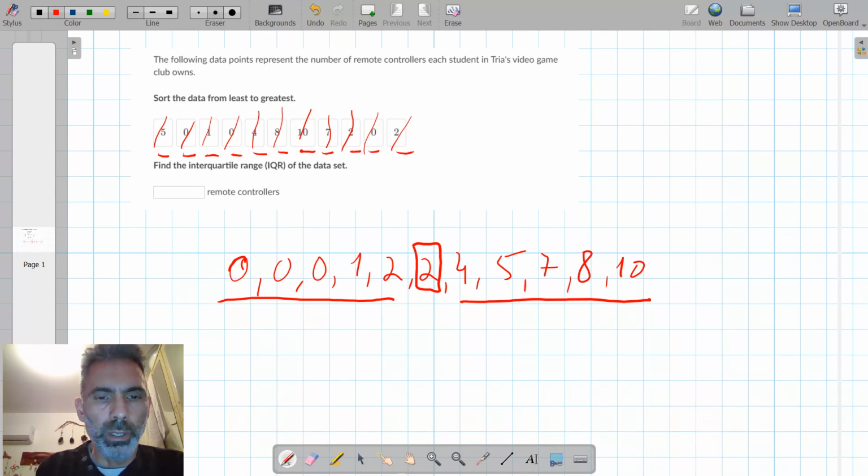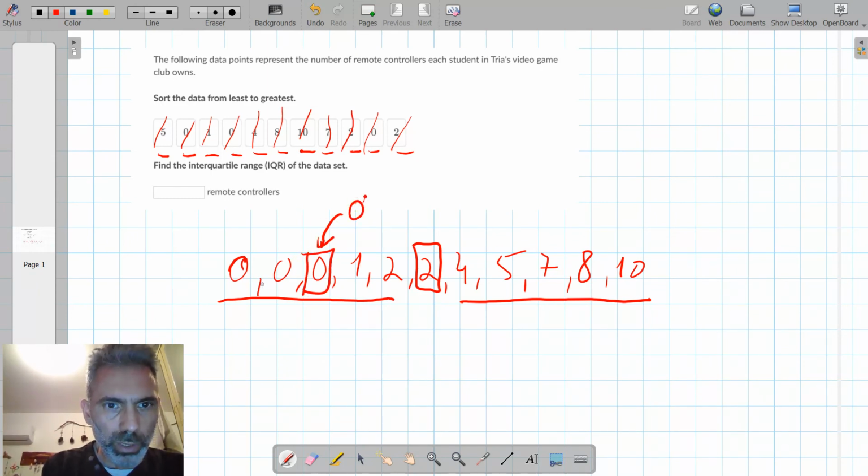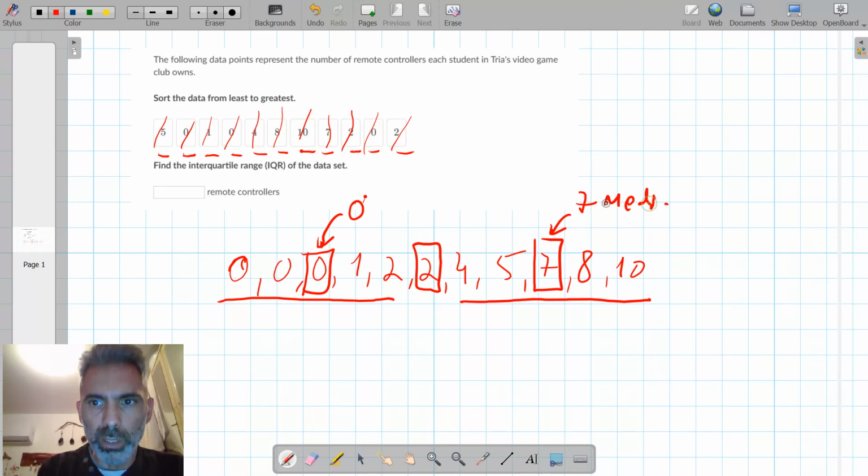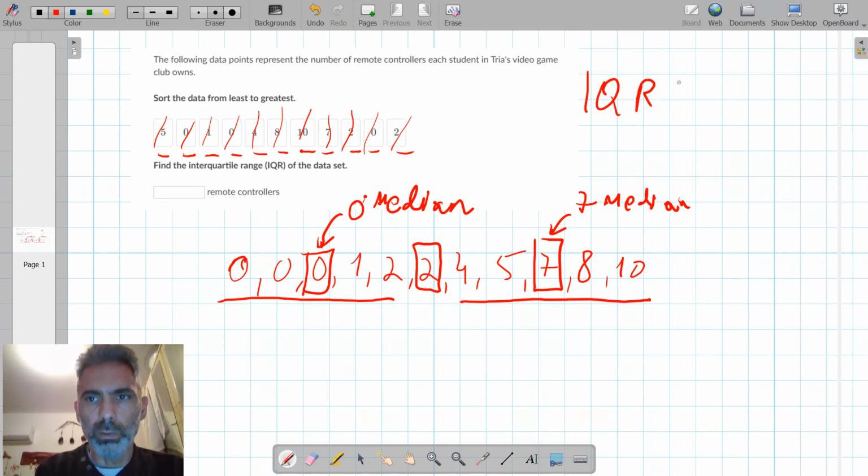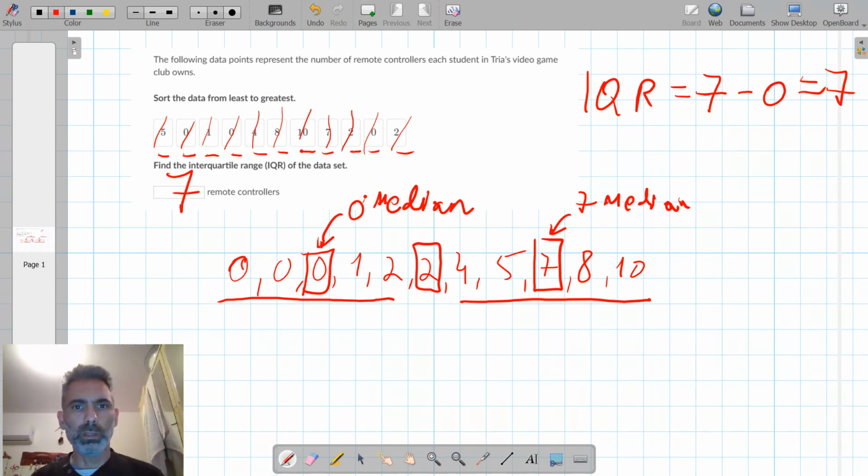And now we have to find the median of the lower half, which is this data point, 0, because it has 2 data points to the left and 2 data points to the right, and the median of the upper half is this one here. This is the median, 7. The median of the upper half, and this is the median of the lower half. So the median of the upper half minus the median of the lower half is the IQR, which is 7 minus 0, which is 7. So the answer is 7.